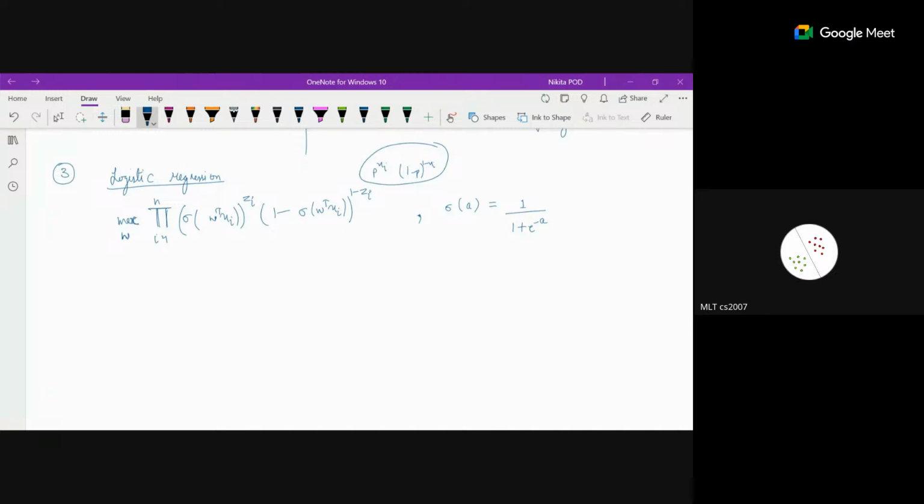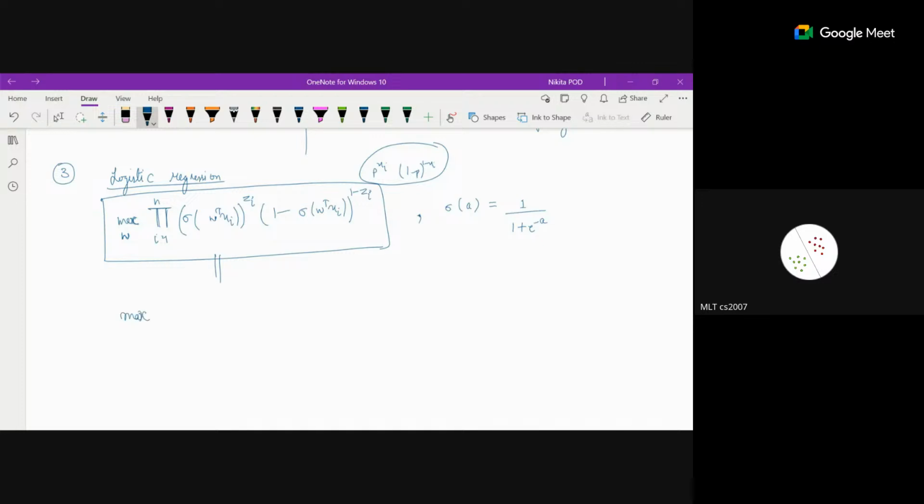So if we solve this problem, which is to maximize this likelihood, then if we take the log, what can you do?